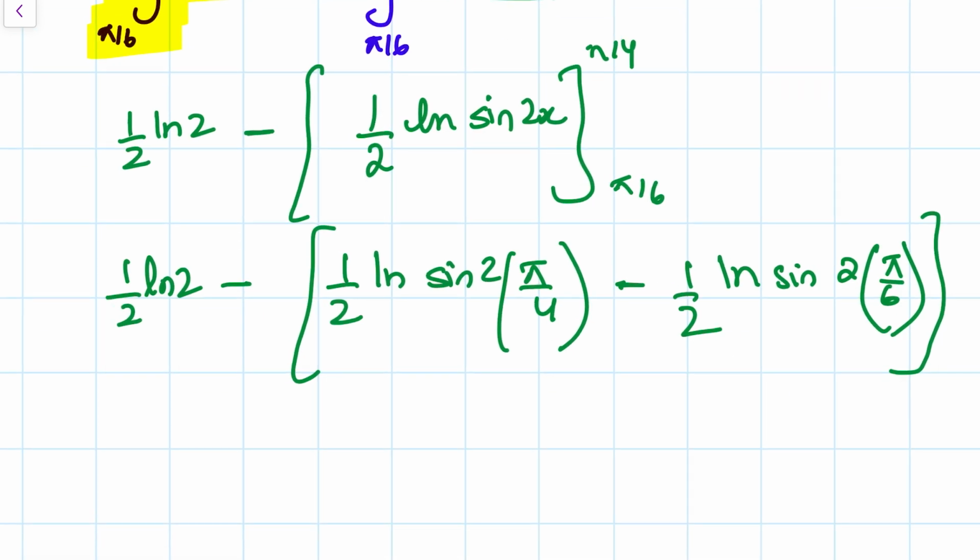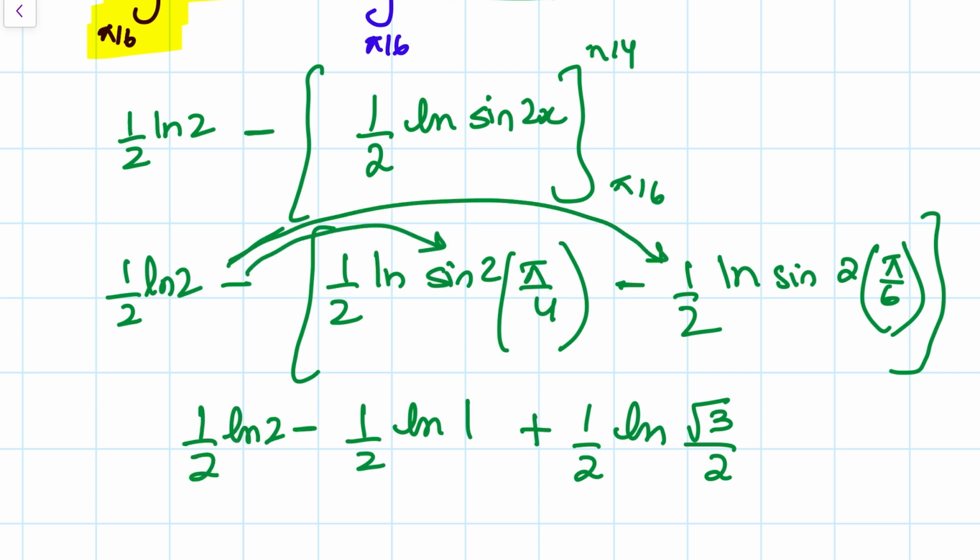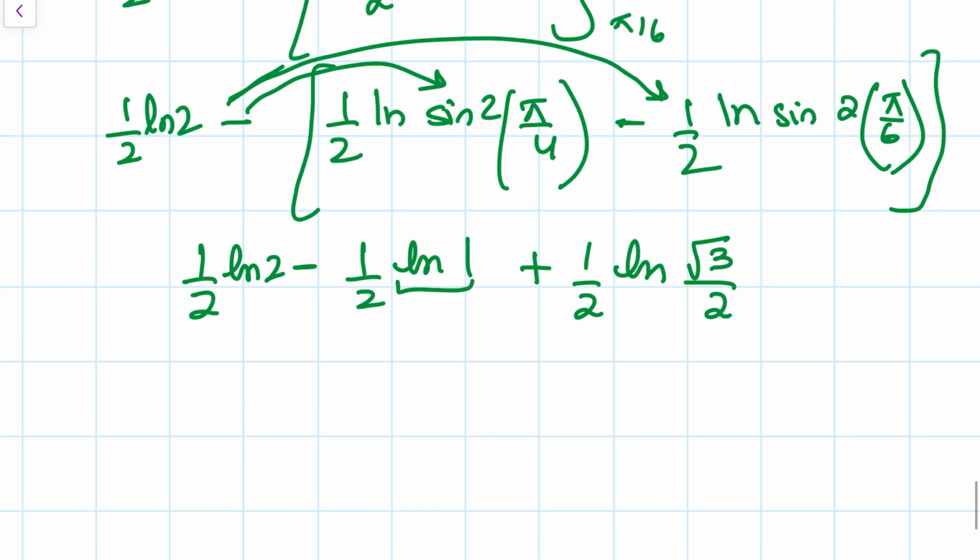Now, what is this sine 2 pi by 4? It gives you 1. Sine 2 pi by 6 gives you root 3 upon 2. Minus minus is a plus. Ln 1 is 0.